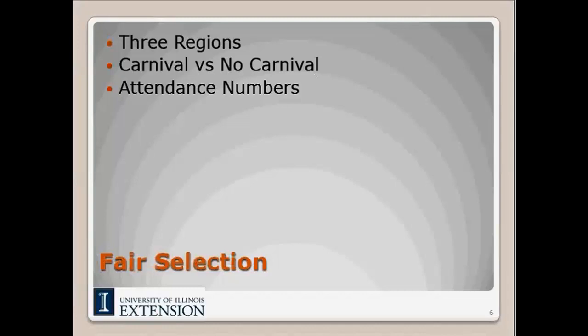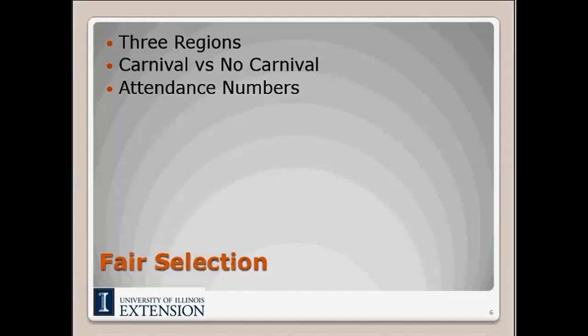Initially, we had thought we could do it with a fewer number, but it came down to we thought the most we could possibly do over the summer is 15. So we looked at the 3 regions that they're broken up into. They basically have a northern region, a central region, and a southern region. We decided we would do 5 from each region.